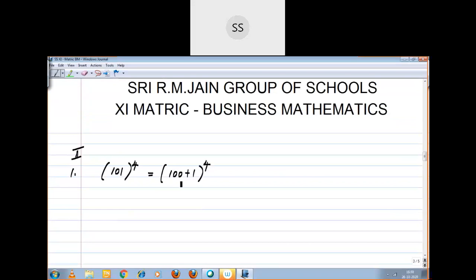How am I going to express 101? 100 plus 1 the whole power 4. Now it looks like a binomial, right? Two terms. If it is two terms, we can apply the binomial theorem easily. Now you see 4. What is your n? n equals 4, x is equal to 100, a equals 1.